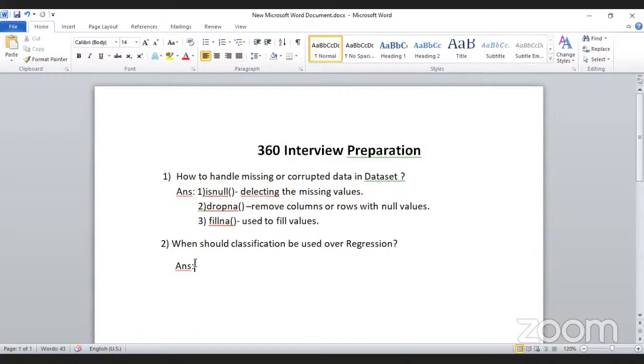When we use classification over regression, when the target variable is categorical.